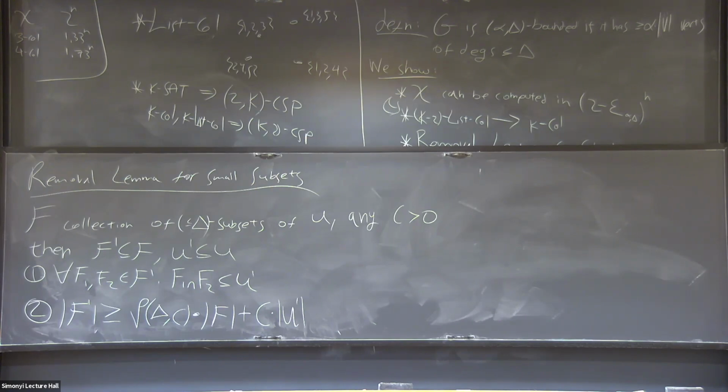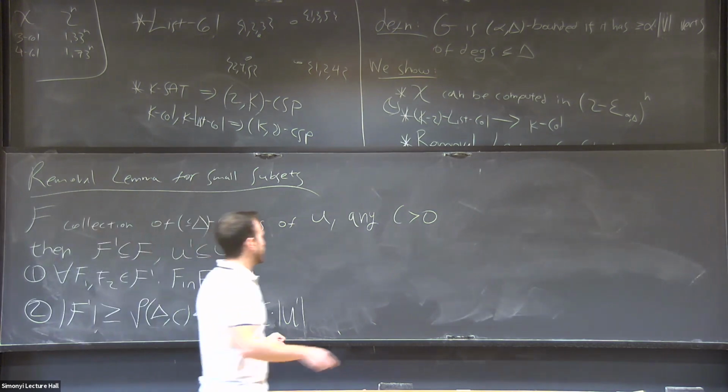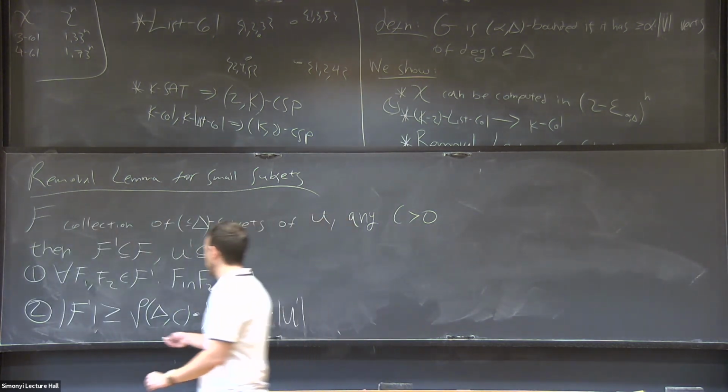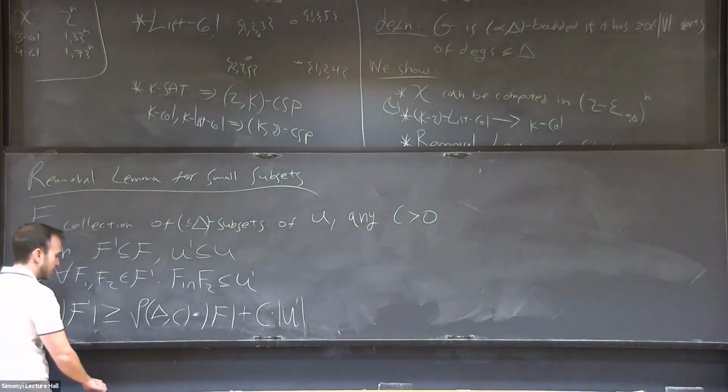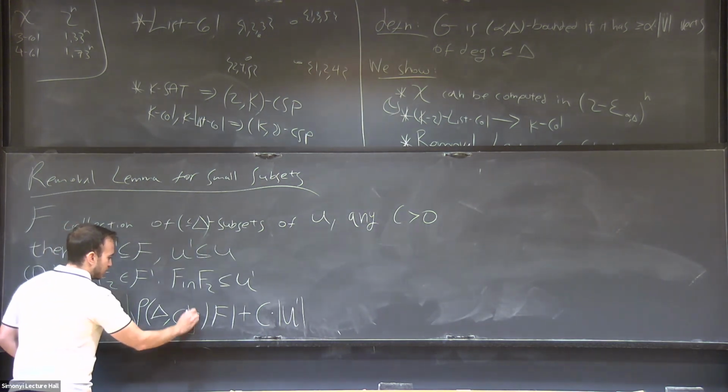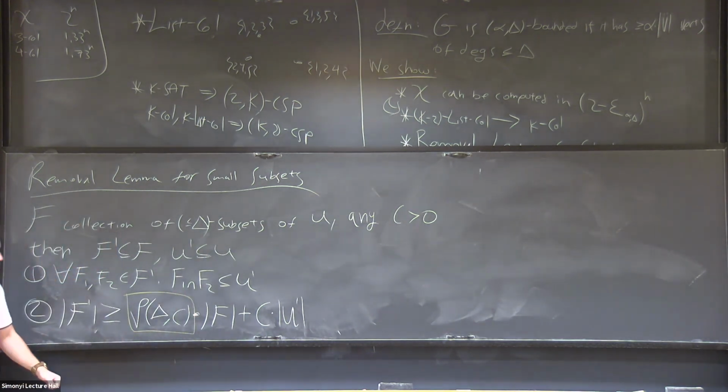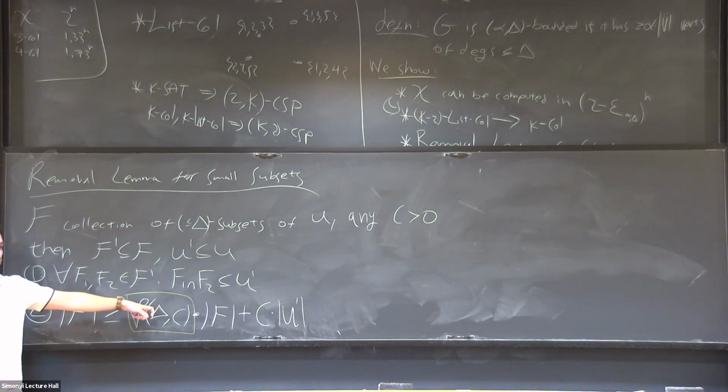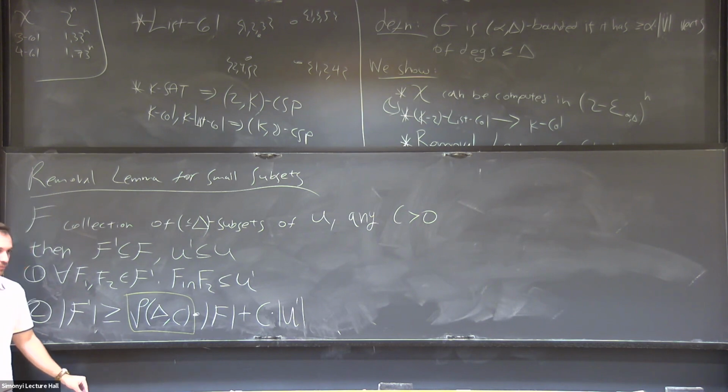Okay, any questions about the statement itself? Maybe later I will discuss a bit what this function is. So afterwards, Noga, Alon, and I looked at a very simple case, when delta is 2. So this is just a collection of pairs in the graph, right?